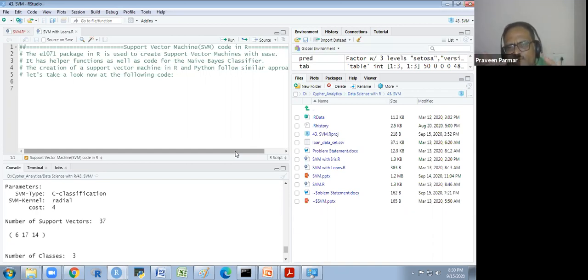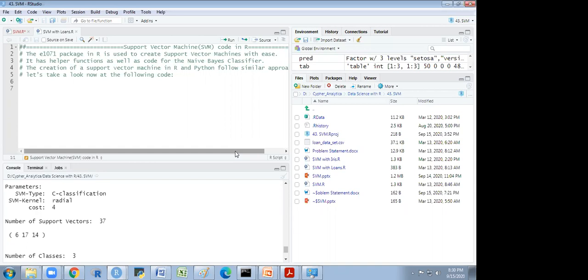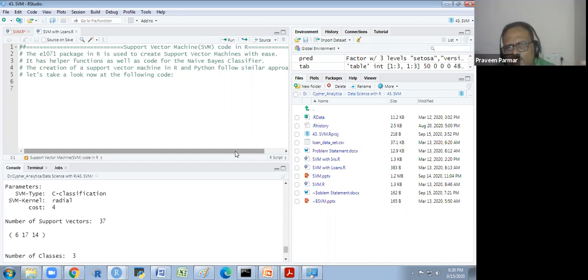We have predefined classes already, like Setosa and so on. Then we make a model and put in the values, as we have done in the decision tree and the random forest. The same thing is here. Okay.